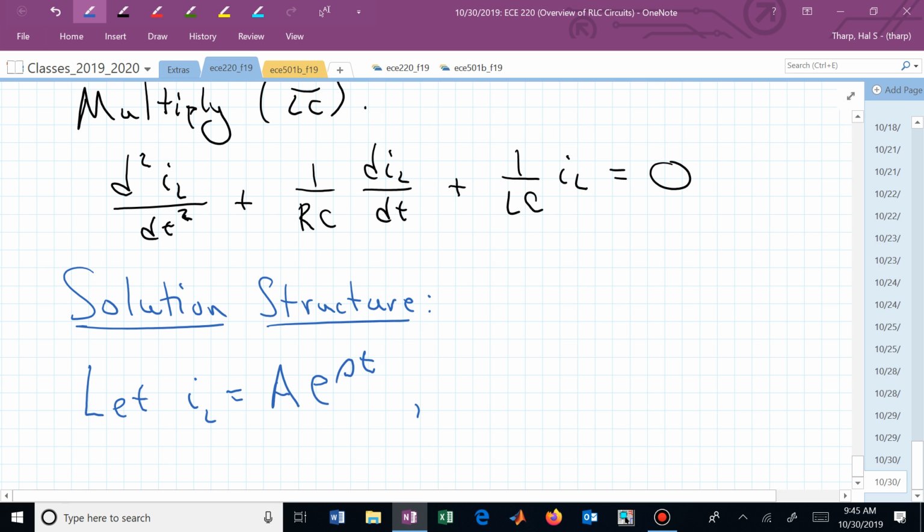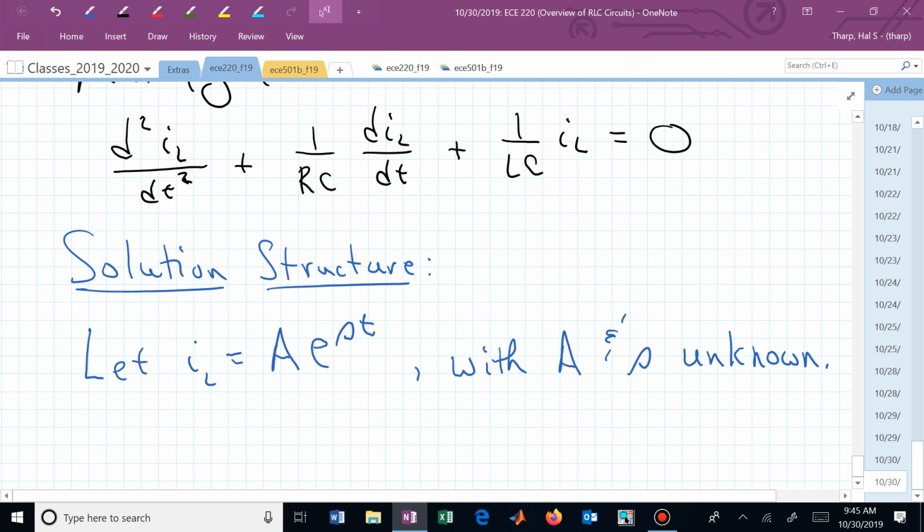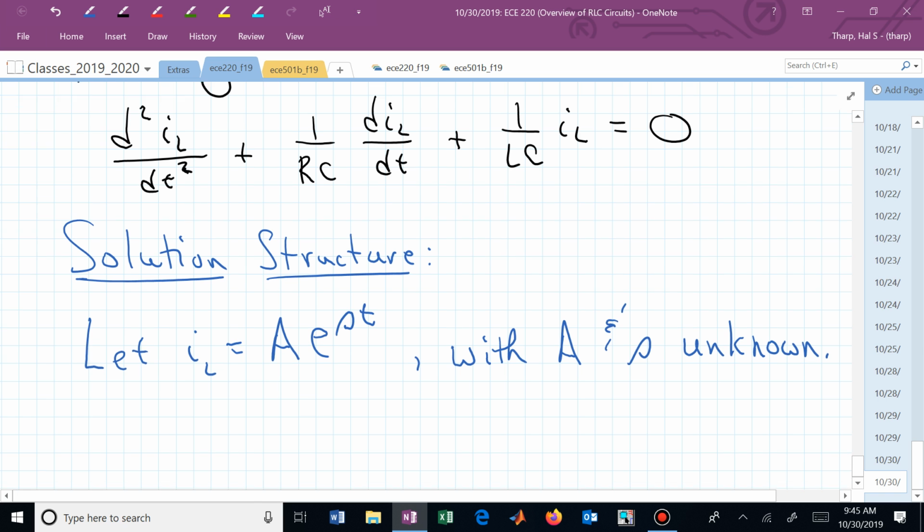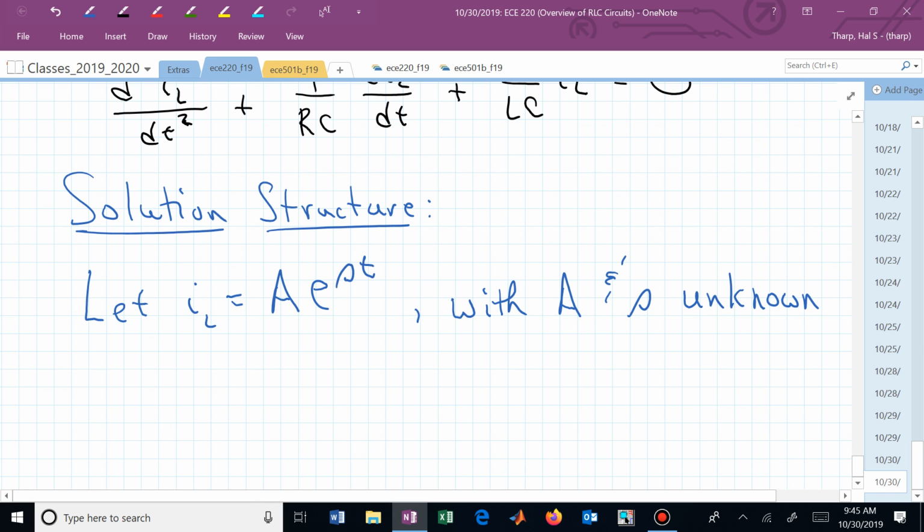A and s are yet to be determined values. Right now they're unknown, variables to find or determine.